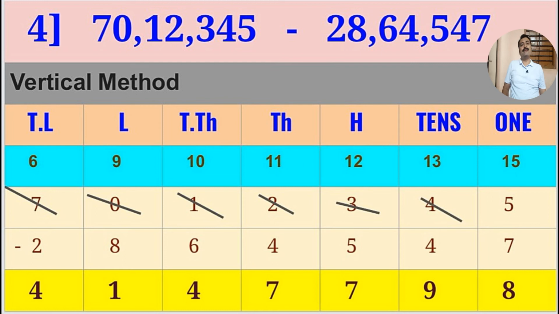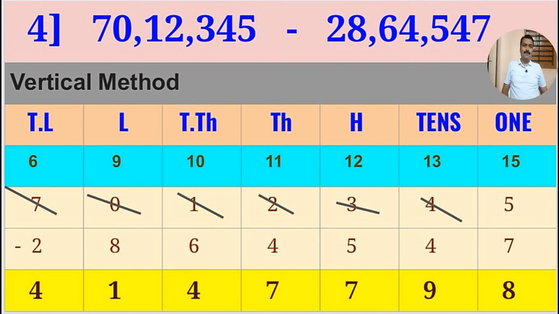So first we try to read this example here: 70,12,345 minus 28,64,547.